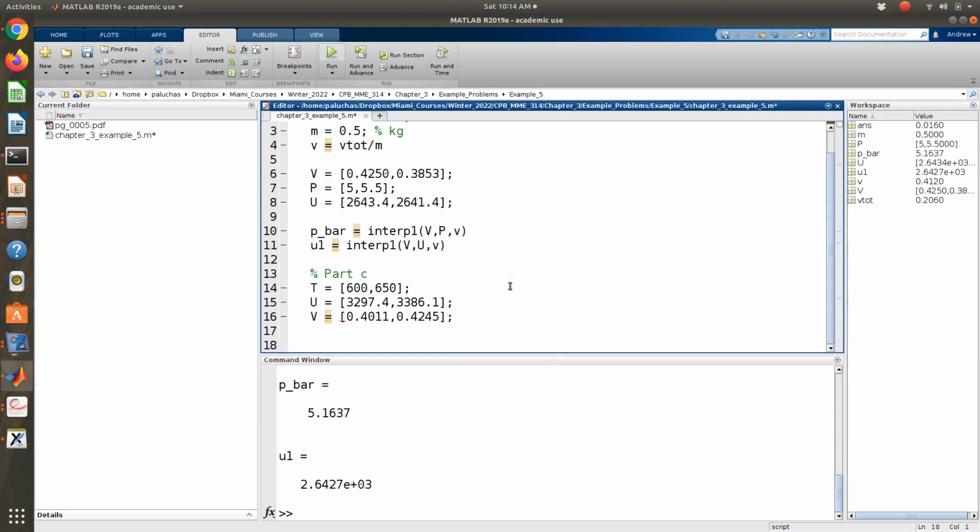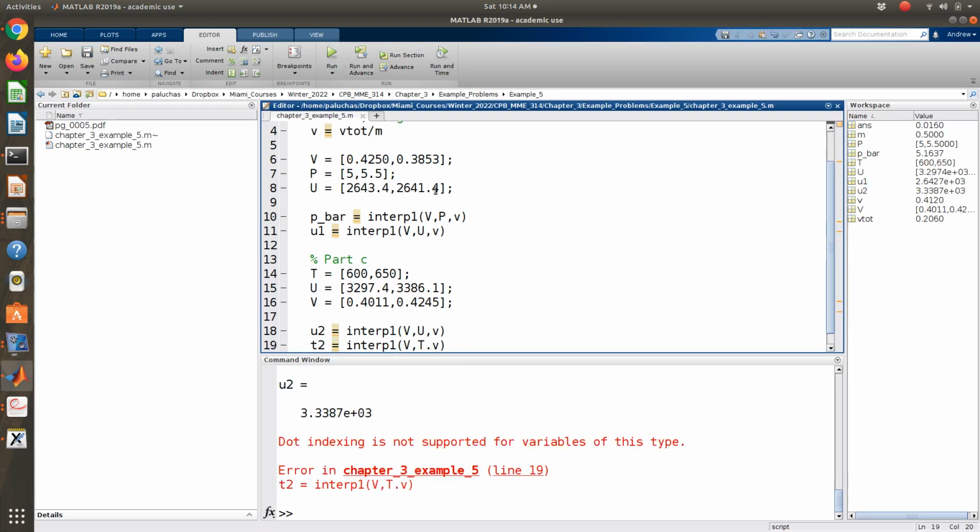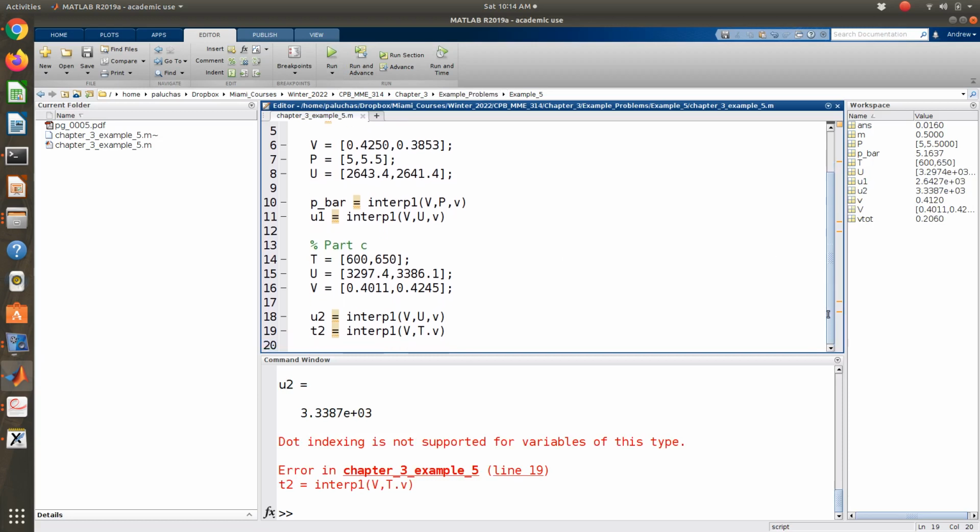Okay, so to get U2, I'm going to interpolate. My independent variable in this case is V, U is what I estimate, and I estimate the value at V, which is the same as before. And then T2, same thing, but now I'm interpolating with respect to T using my V. Bam.